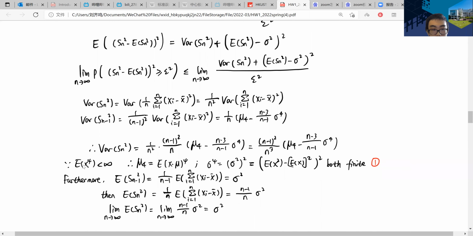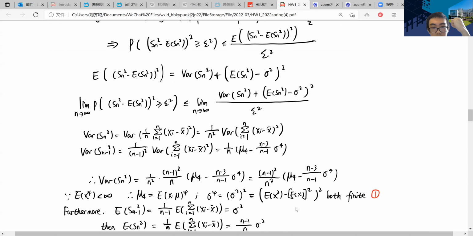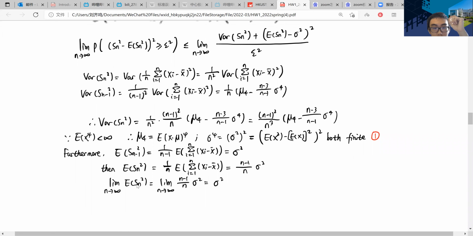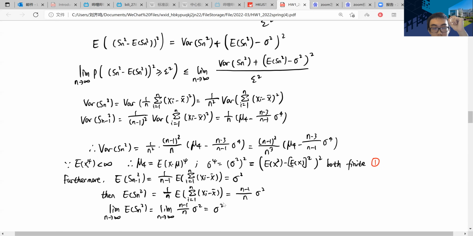And since the expectation of x to the power of 4 is finite, by the Jensen inequality, which I will prove later, mu4 and sigma to the power of 4 are also finite. So after substituting this into the expectation of this term, I get that the limit of E Sn squared is equal to sigma squared.